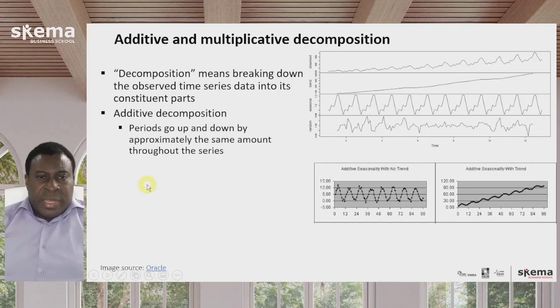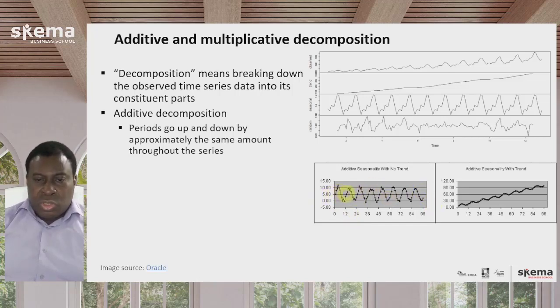The first basic approach is called additive decomposition. And the idea there is that when things go up or down, it's approximately by the same amount. So if it goes up 10 units or goes down 10 units, then that generally continues.